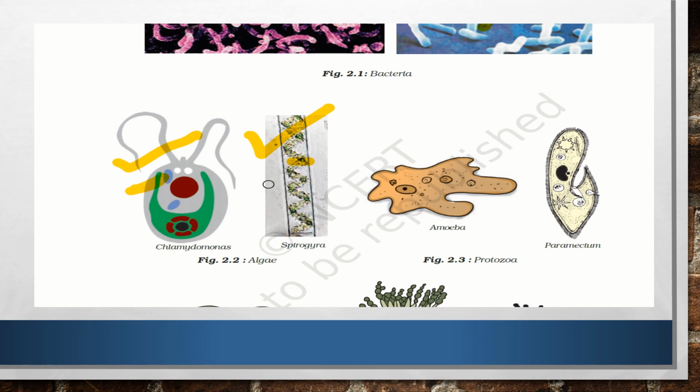These multicellular algae can again be classified into macroalgae. Spirogyra, for example, you can see is in the form of a filament. It is in the filamentous form, joined end to end in long chains, and they appear as filaments.